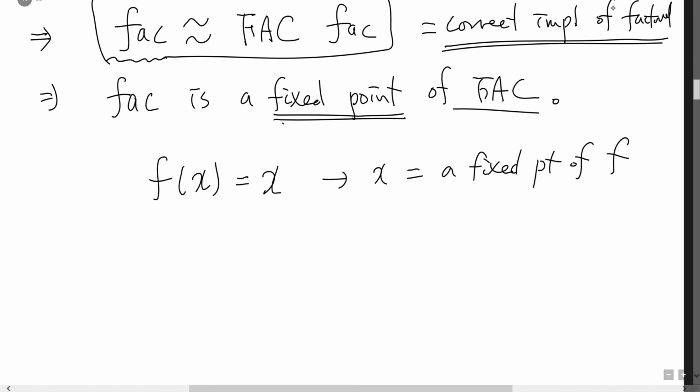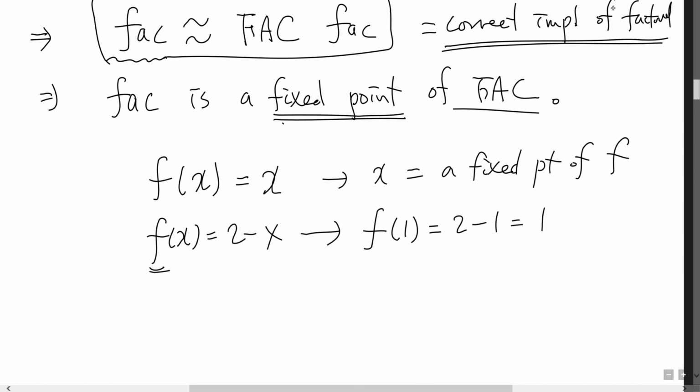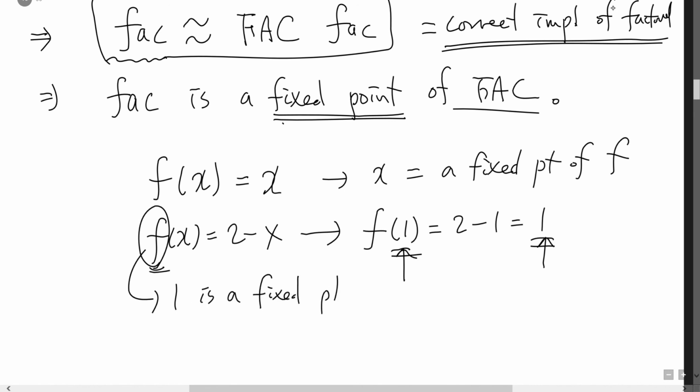For instance, suppose that f of x is 2 minus x. You can calculate a fixed point of this function f as 1, because if you apply 1, you have 2 minus 1, which is equal to 1. So the argument and the return value are equal. So we say that 1 is a fixed point of this function f. Okay, so that's the notion of a fixed point.